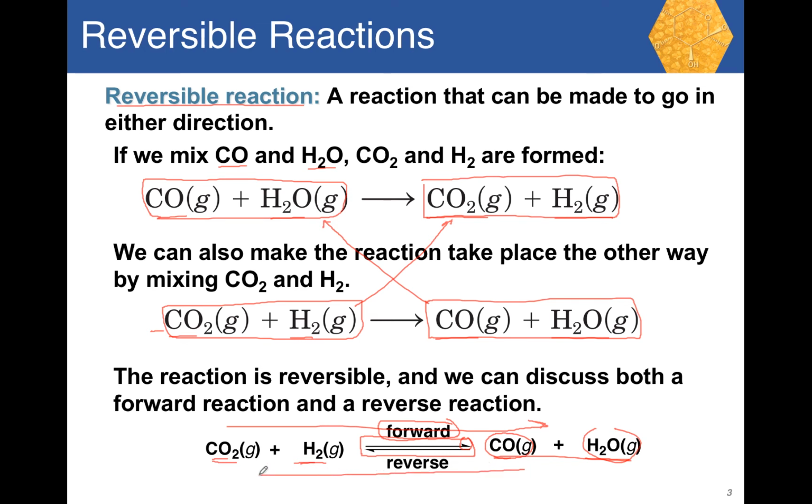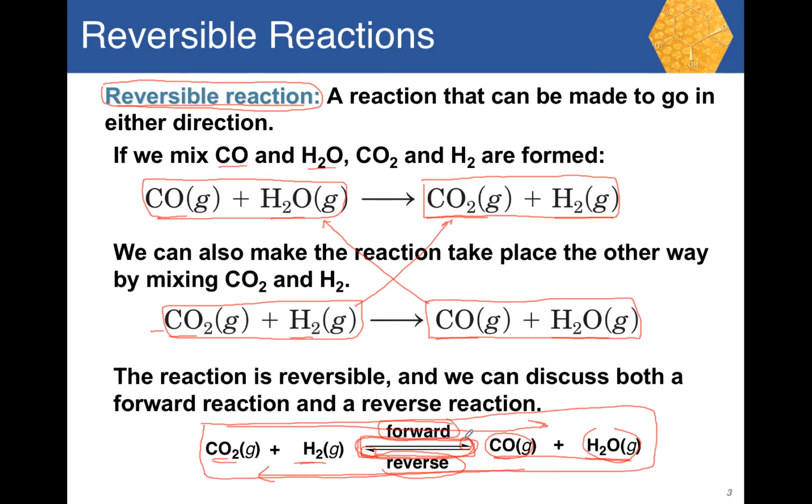So the reverse reaction can occur, and this represents the reverse reaction. So this reaction here is a representation of a reversible reaction, using this symbol as the representation of a reversible reaction. This symbol right here at the bottom.